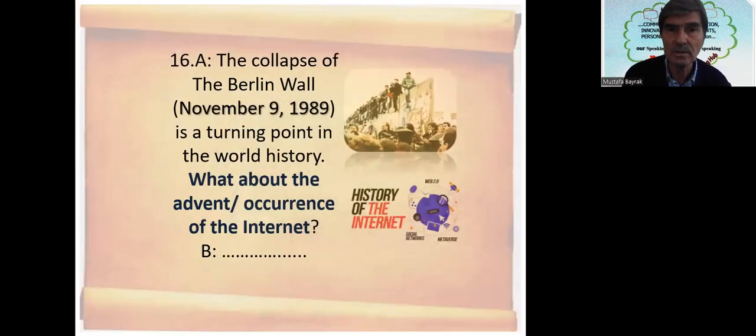The collapse of the Berlin Wall, for example, on November the 9th, 1989, is a turning point in world history. What about the advent of the internet? It's also a milestone, a turning point.